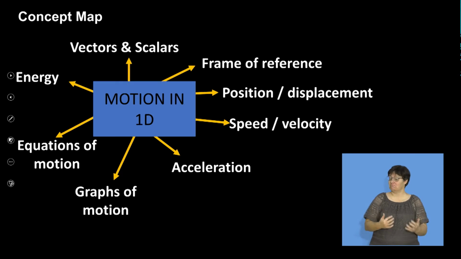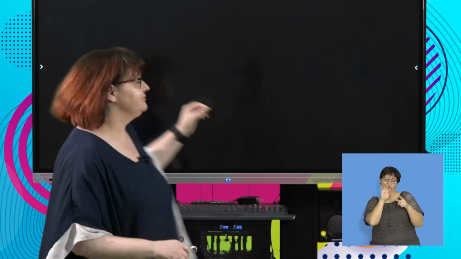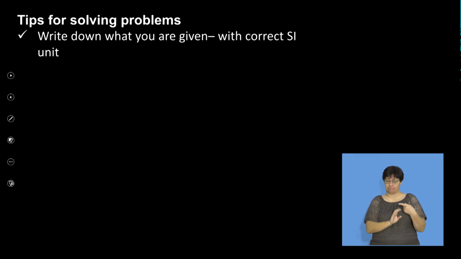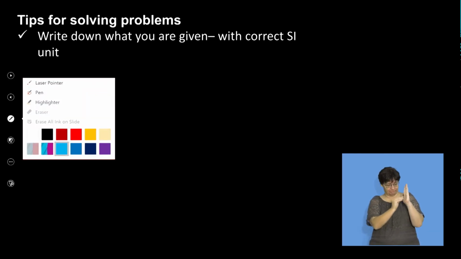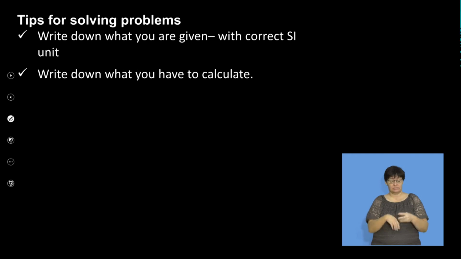So, when we start these, we need to have some idea of where we're going with these problems, okay? So these are some tips. These are just things to keep in the back of your mind so that you can make sense out of the questions, okay? First one being, write down everything that you've been given, with the correct SI units. Then write down what you have to calculate.